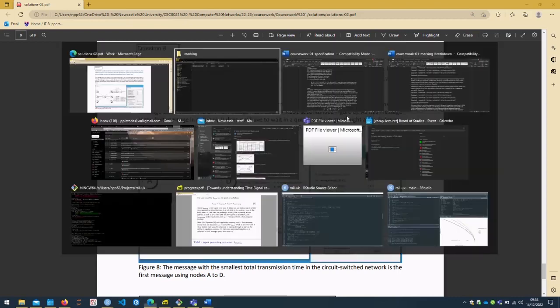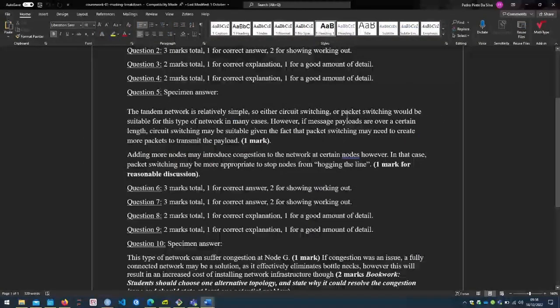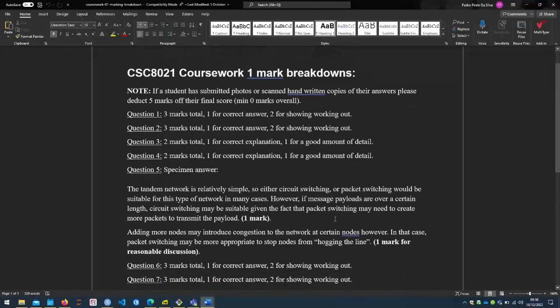Right. So any questions up until this point? Is it important for us to look through this thoroughly, because will questions in the exam be similar, or the style of questions?